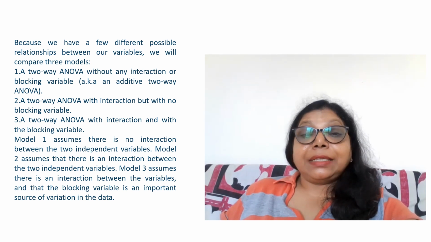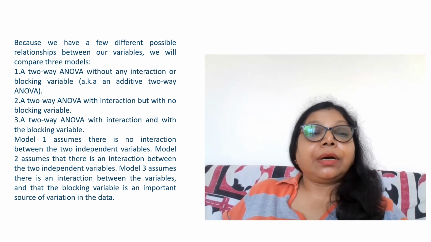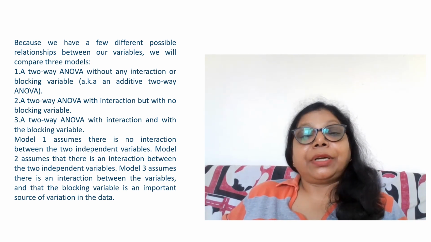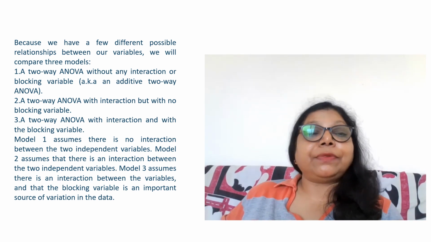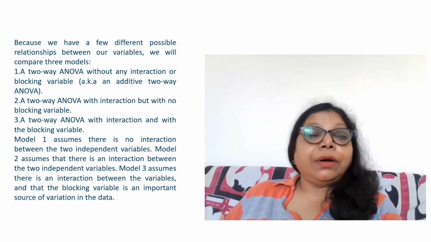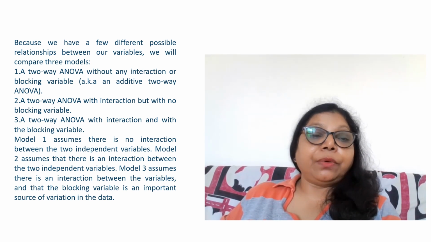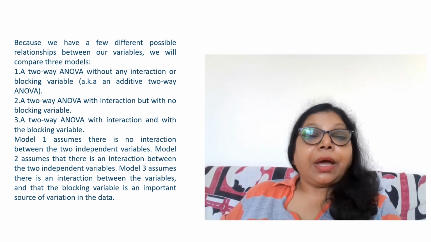That is, is it possible that planting density affects the plant's ability to take up fertilizer? So, because we have few different possible relationships between our variables, we will compare the three models. So, a two-way ANOVA without any interaction or blocking variable, two-way ANOVA with interaction but with no blocking variable, and two-way ANOVA with interaction and with the blocking variable.